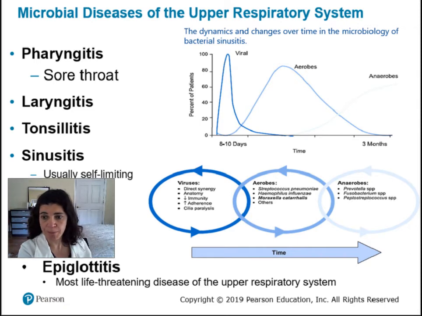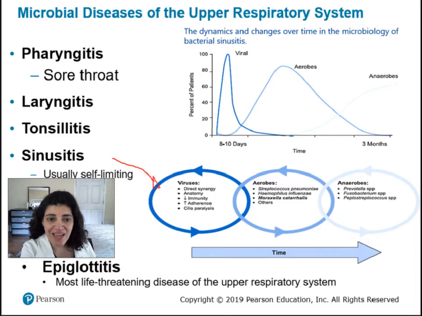Okay? I like this graph because it shows you the typical microbes that you see in a sinus infection. When you have between 8 and 10 days of secretion in the sinuses, usually they're caused by viruses. As time progresses, if that doesn't resolve, longer periods are usually covered by aerobes like Streptococcus pneumoniae, Haemophilus influenzae, Moraxella.